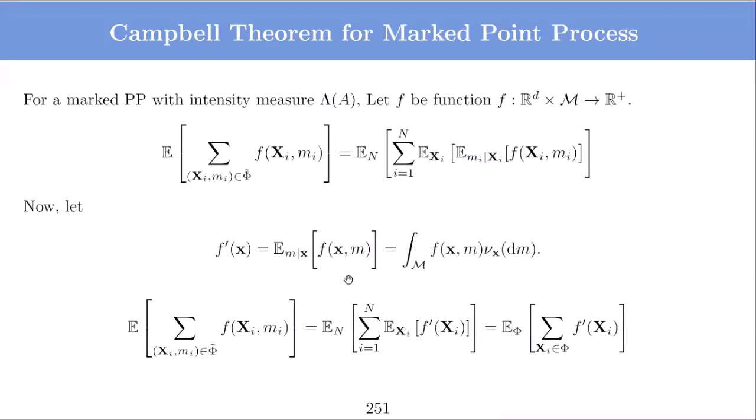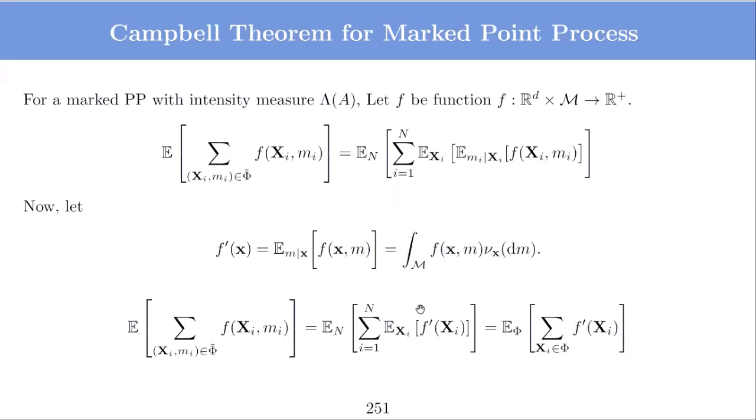It can also be written as the expectation over the mark space of f(x, m) into the probability that the mark is in dm. This is assuming the mark has a continuous distribution. If the mark is discrete, you can just take the summation over all the range of marks of f(x, m) into the probability that the mark takes value m. So don't get confused. It's just the expectation formula: a probability multiplied by the function and integrated.